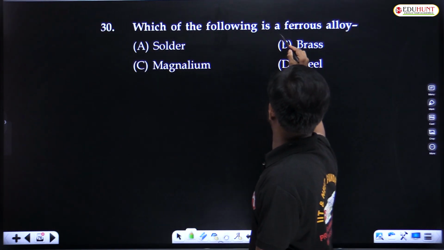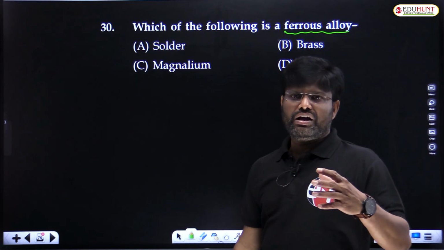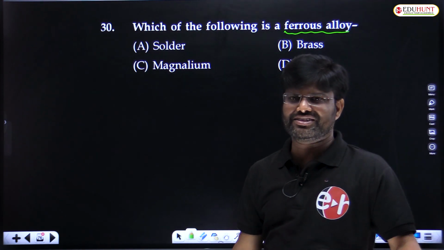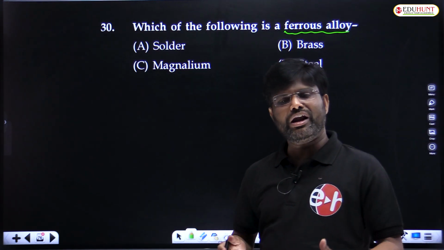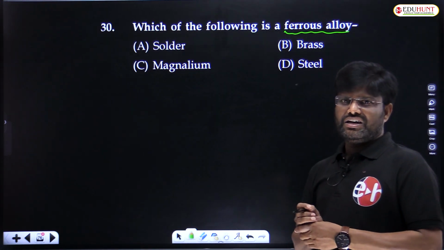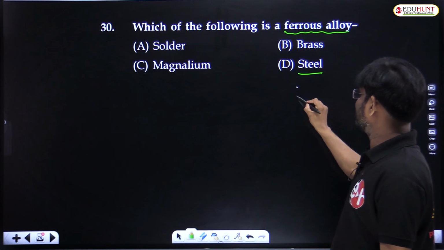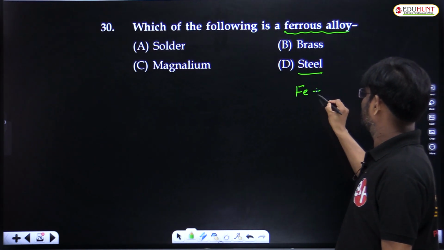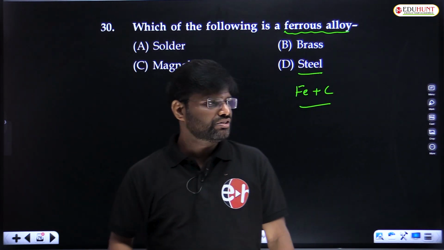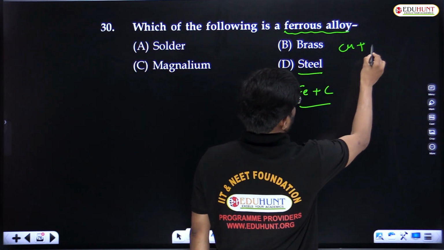And which of the following is a ferrous alloy? Ferrous alloy, which alloy is having iron, that is called a ferrous alloy. In whichever alloy the metal iron is present, that is a ferrous alloy or iron alloy. Steel is nothing but what? Iron plus carbon. Okay, so remaining brass, copper, zinc.